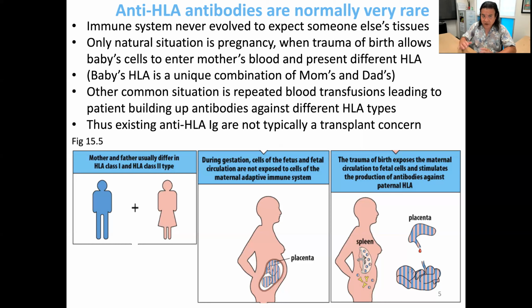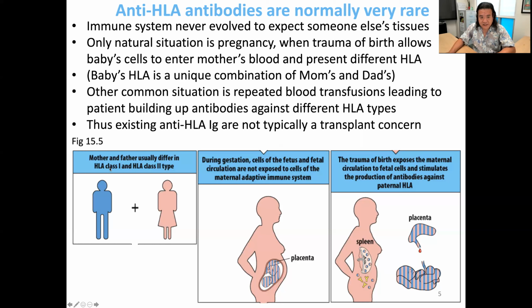During the trauma of birth, you're going to have some mixing of baby's blood and mom's blood, and therefore mom's immune system will be exposed to potentially a different HLA type, because baby's HLA type is a mix of mom's HLA type and dad's HLA type.